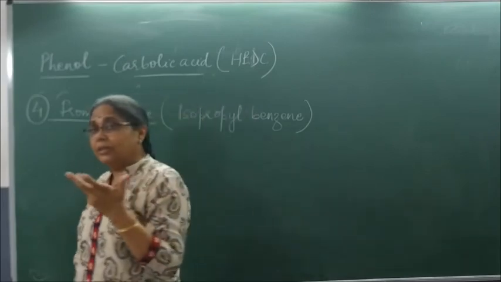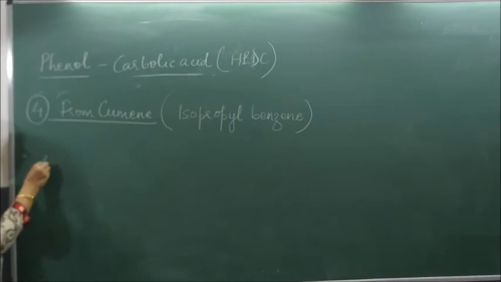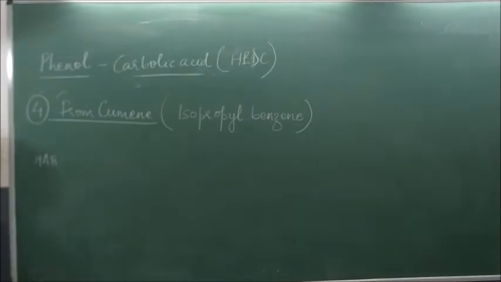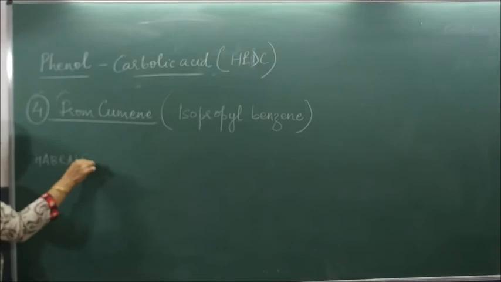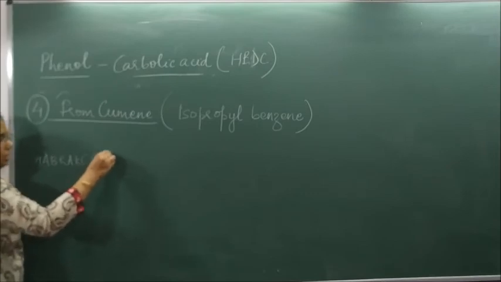Same way as we said, again I'll ask you, methods of preparation of aliphatic alcohols. What was it? Hydration of alkene. Next was hydrogenation of alkene. Reduction of aldehyde, ketone, carboxylic acid, esters. Then something else? Grignard's reagent.